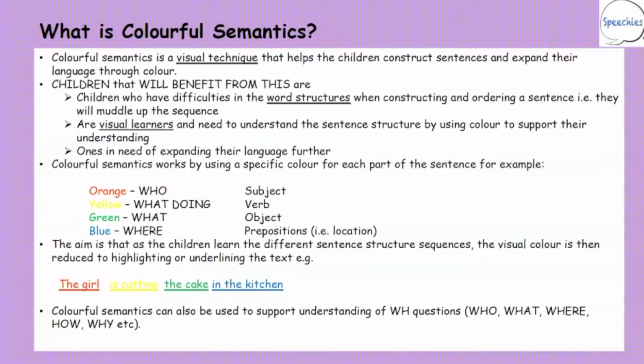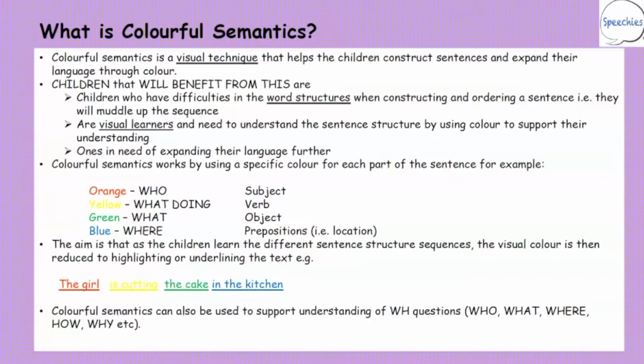Colourful Semantics works by using a specific colour for each part of a sentence. So, for example, the subject, who, is orange. The verb, what they're doing, is yellow. The object, what, is green. And the preposition, where, the location, is blue.